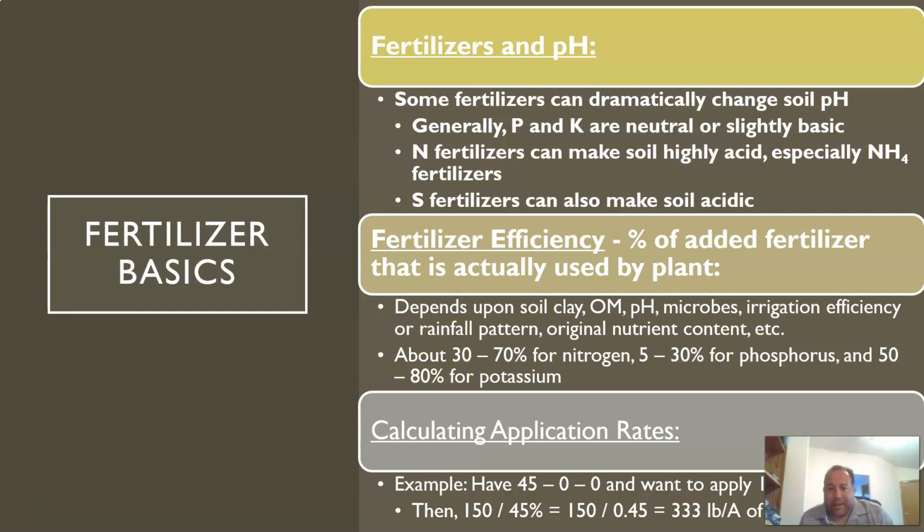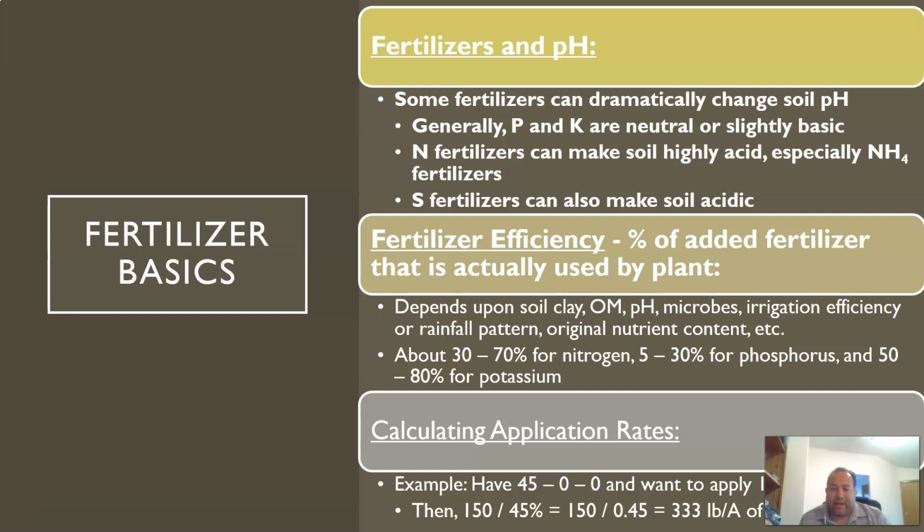So, some basics. If we're talking about fertilizers and pH, some fertilizers can dramatically change the pH of the soil. Generally, phosphorus and potassium are neutral to slightly basic. Nitrogen fertilizers can make soil highly acidic, especially ammonia fertilizers, and then sulfur fertilizers can also make soil acidic. Our fertilizer efficiency, that would be the percent added fertilizer that's actually used by the plant.